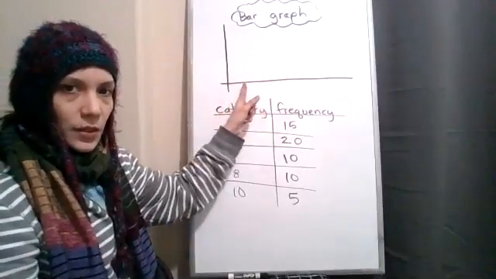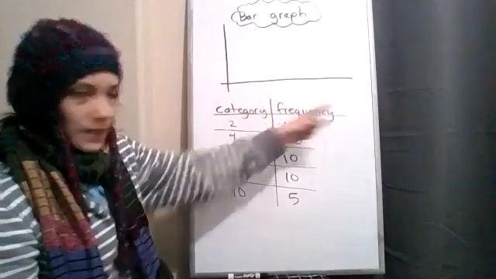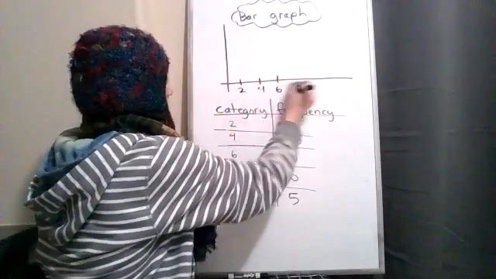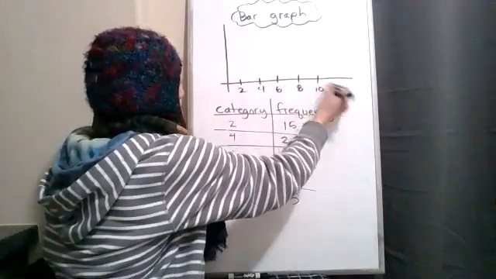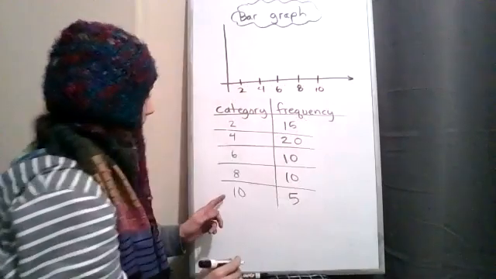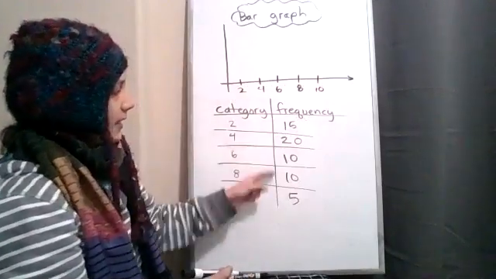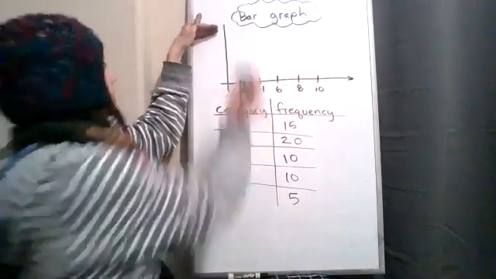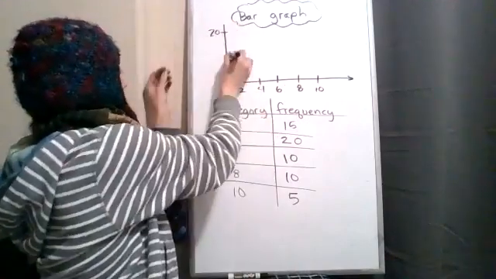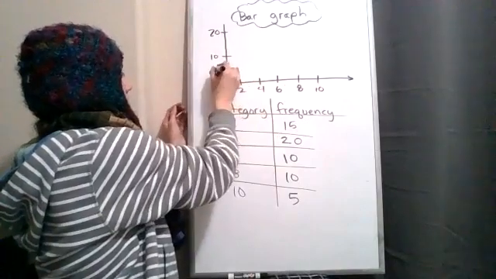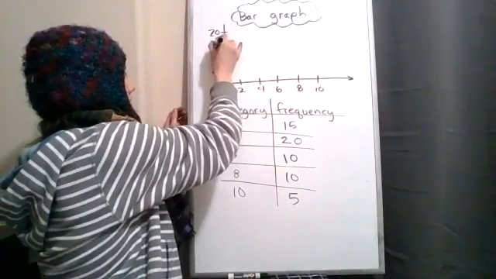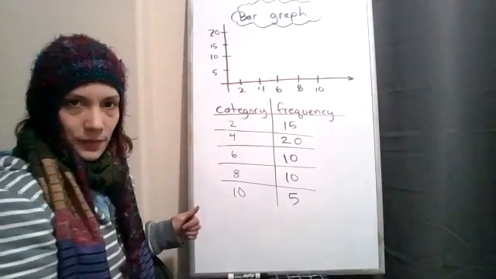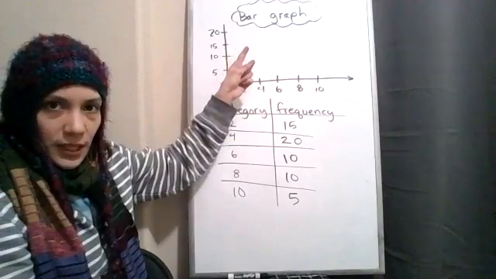So we had 2, 4, 6, 8, 10. And then let's see, the largest frequency is 20, so we need to have this go up to 20 at least. So let's do 20, half is 10, half of 10 is 5, so it's 15. Okay, and in our bar graph, bars don't touch.